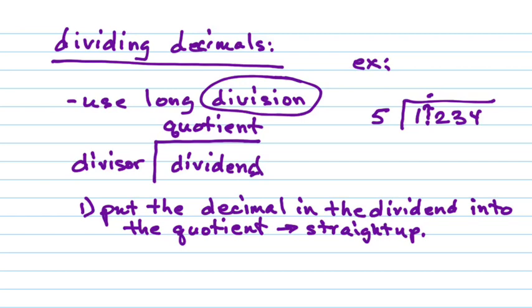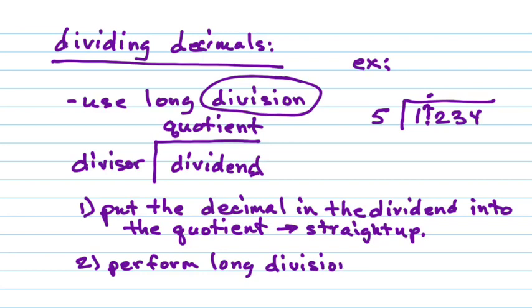All right? And after that, you just do the long division ignoring the decimals. Because you've already got your decimal where it needs to be, then you don't have to pay attention to it anymore. Okay? So then, just perform long division as if the decimal wasn't there.